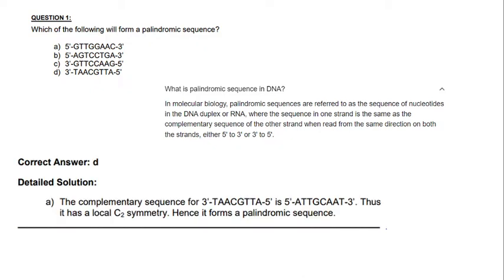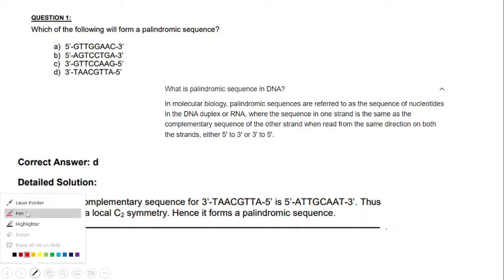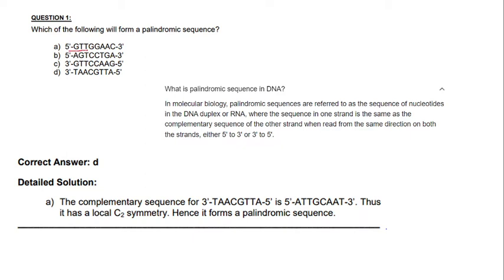Okay, so let me give the example. The correct option is D. You need to write the complementary sequence of every base. For option D, A goes to T, C to G, G to C, T to A. So this is the complementary sequence.